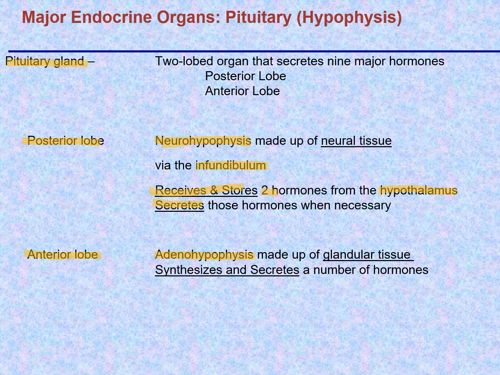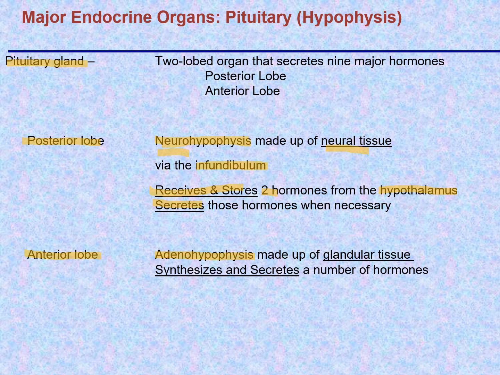Adeno refers to secretory, glandular tissue. And neuro, of course, in the posterior lobe refers to neural tissue. So we have the neurohypophysis and the adenohypophysis.